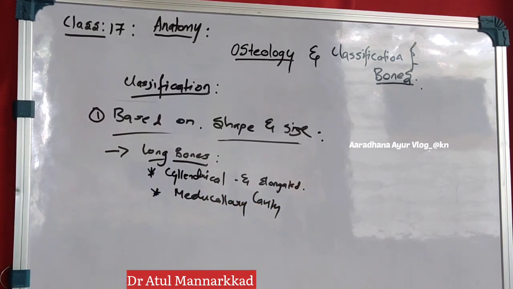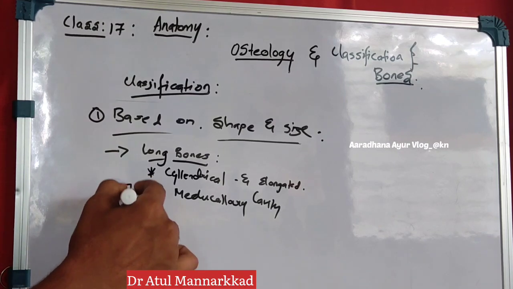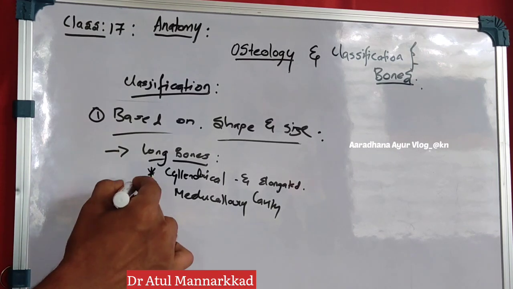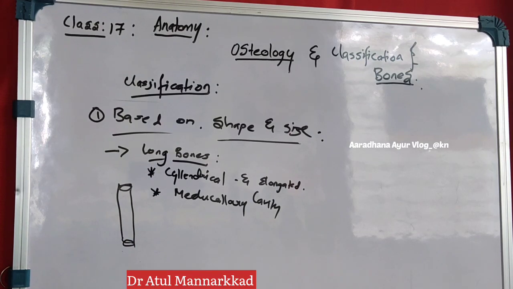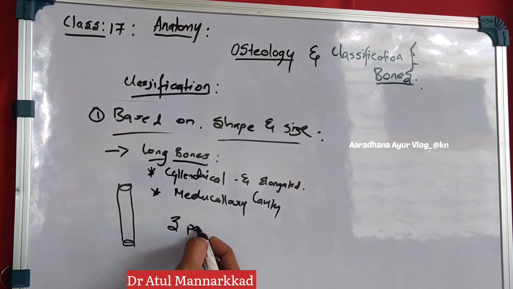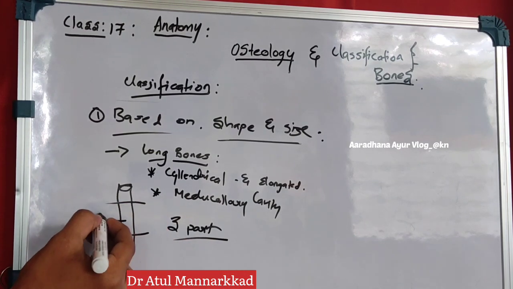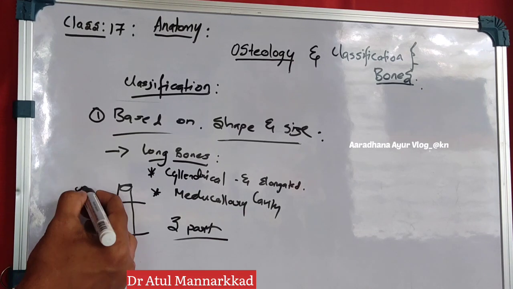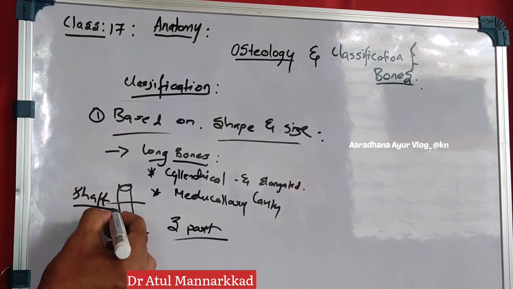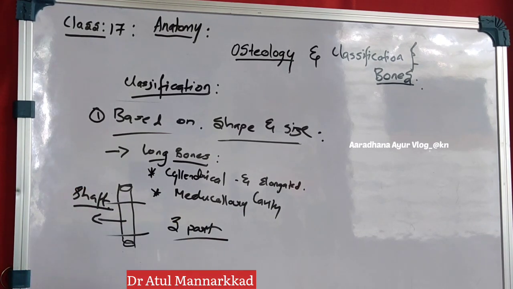Also, considering this as a bone, which is cylindrical, these long bones will mainly have three parts. As we discussed in some of the bones, I guess the radius, we discussed the upper end, shaft and the lower end.